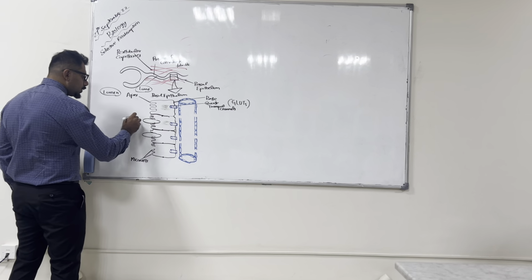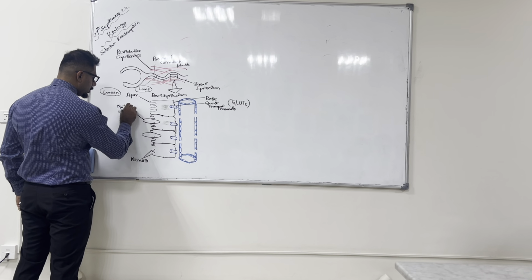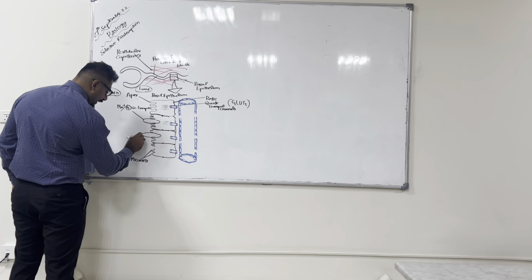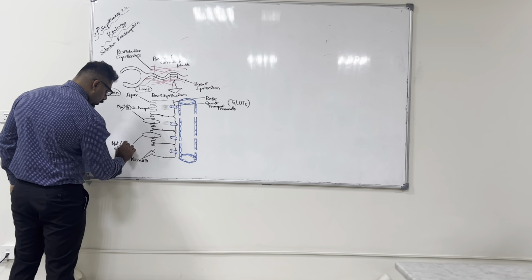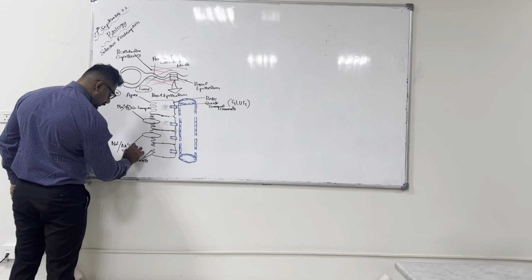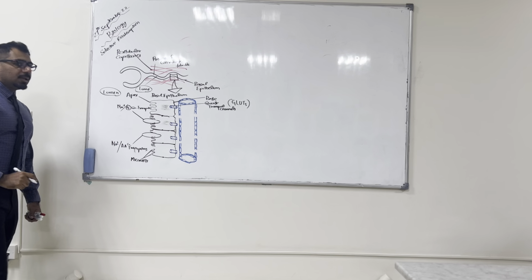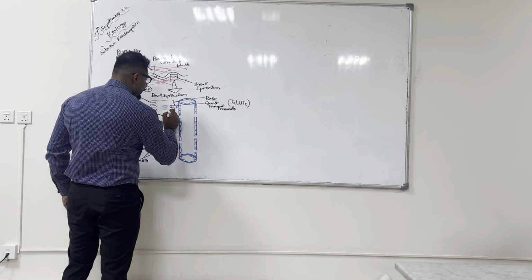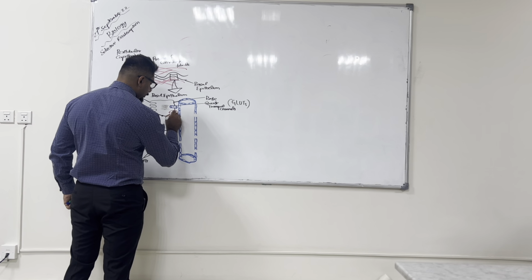There can be sodium-glucose co-transporters, and there can be amino acid-sodium ion co-transporters. Another thing which we discussed, that on the basal side there is a sodium-potassium pump. Do you guys remember this or not? Right?